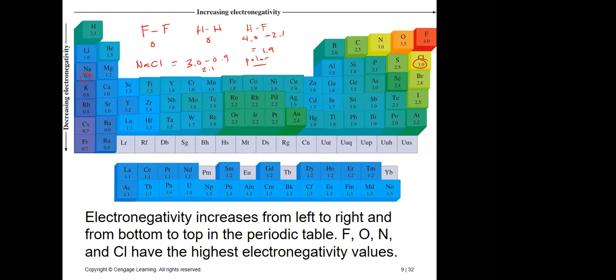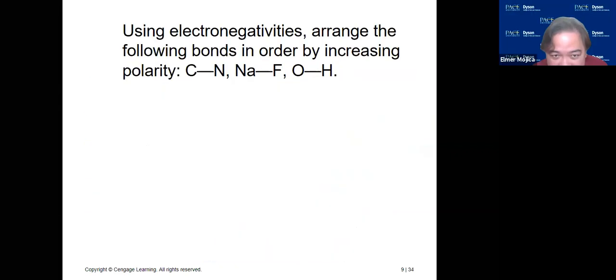Yes. So let's see if you understand. Let's try to answer this, although the answer is already there if you have the slide. Using electronegativities, arrange the following bonds in order of increasing polarity. When you have a positive and a negative charge, that's really very polar.